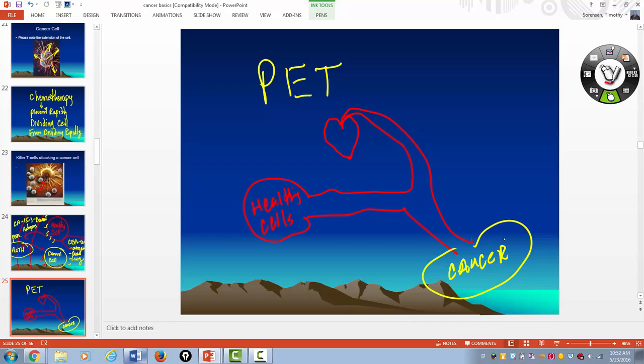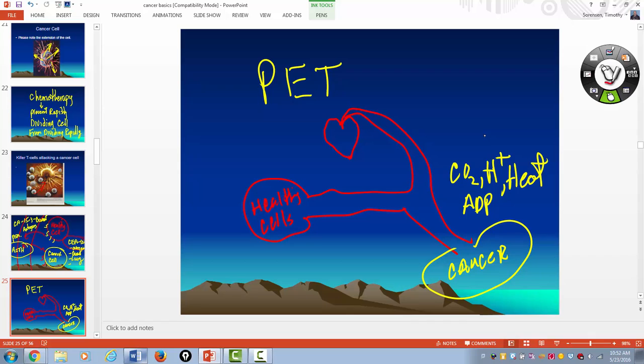Now, cancer cells, just like every other cell in your body, have to produce ATP, right? It's got to produce energy. So the byproducts of metabolism are going to be carbon dioxide, hydrogen ions, heat, ADP, right?